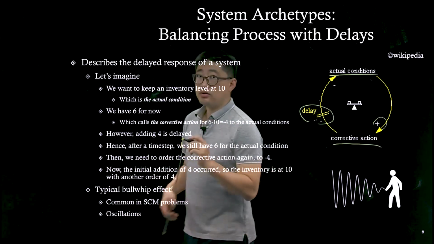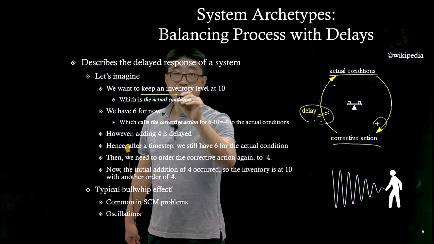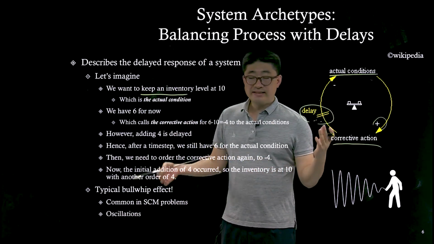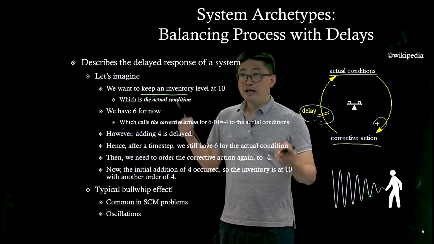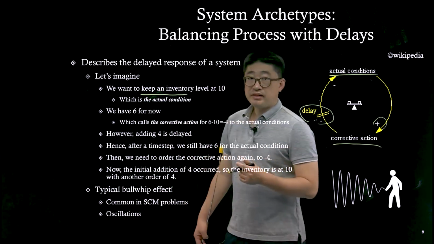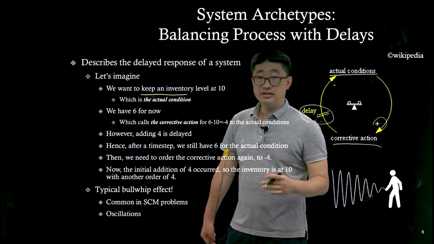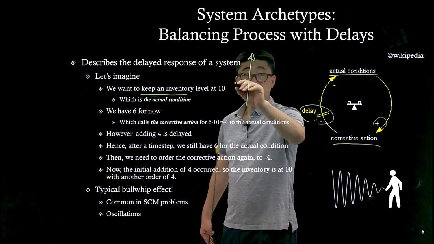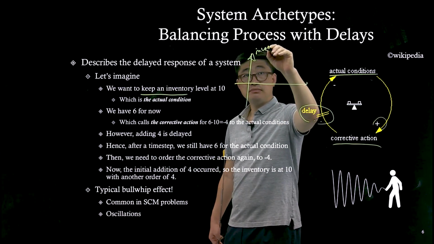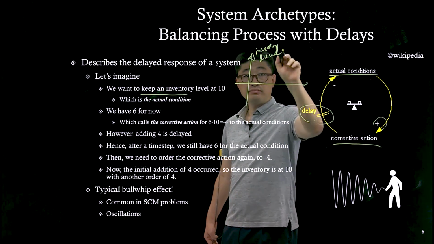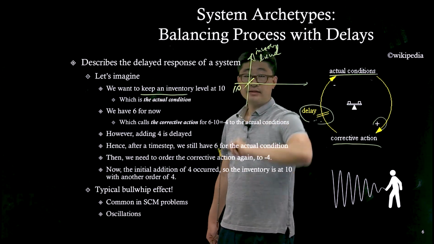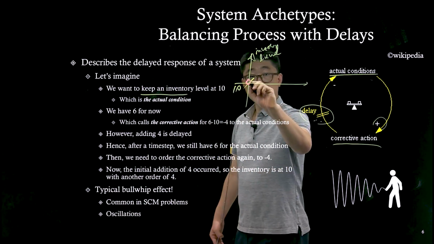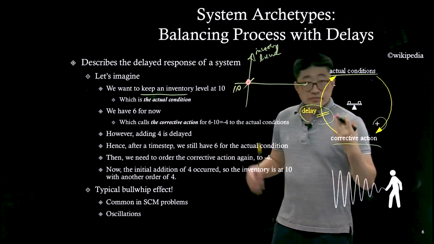And here the scenario is maintaining an inventory level. So for example, let's imagine that we are a retail shop owner, and we want to maintain an inventory of our products at a certain optimal level. And the inventory level that we want to maintain is set to 10, possibly.